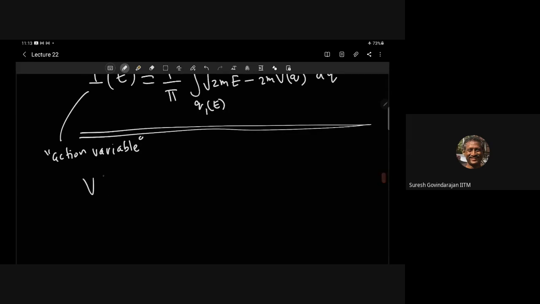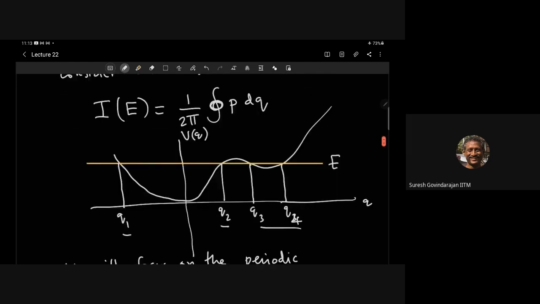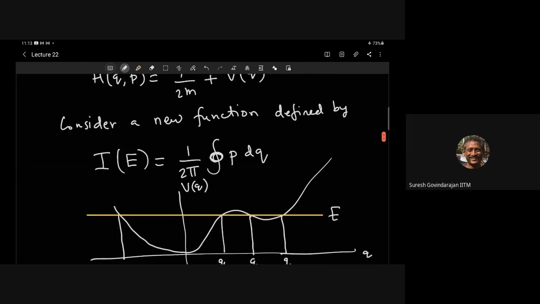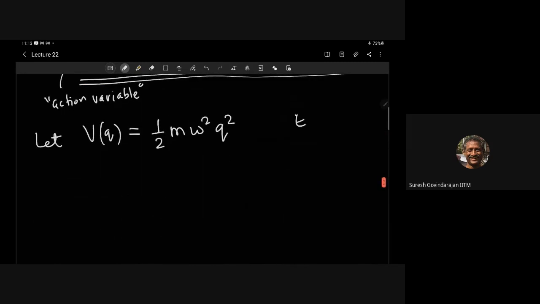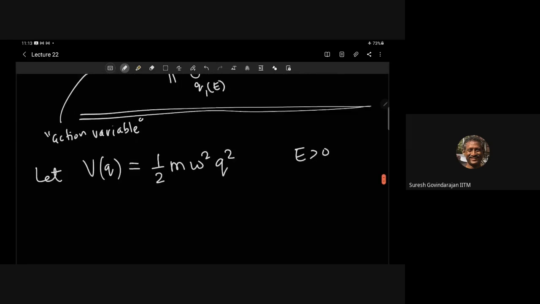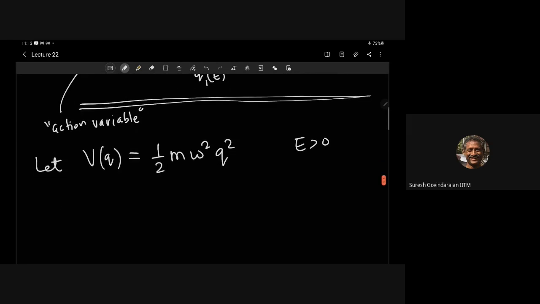So what happens? We'll take V of Q. Let's do the case where we can do the integrations easily: half m omega squared, the harmonic oscillator. If you give me E, it's not like the earlier kind, it's just a single well, and of course E should be greater than 0, we know that. Once we do that, we can write this integration. Let me do it.